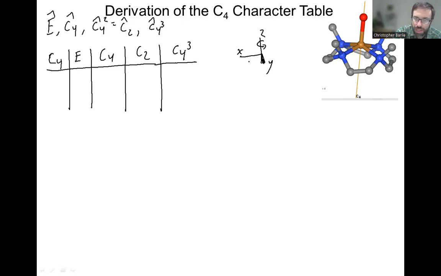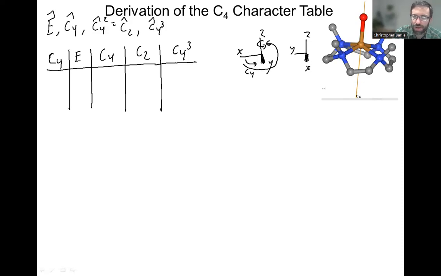Then a C4 would take x to y, and a C4 cubed would take x all the way into negative y. But if we define our axes differently, remember we can define our x and our y anywhere we want, just our z has to be the principal rotation axis.